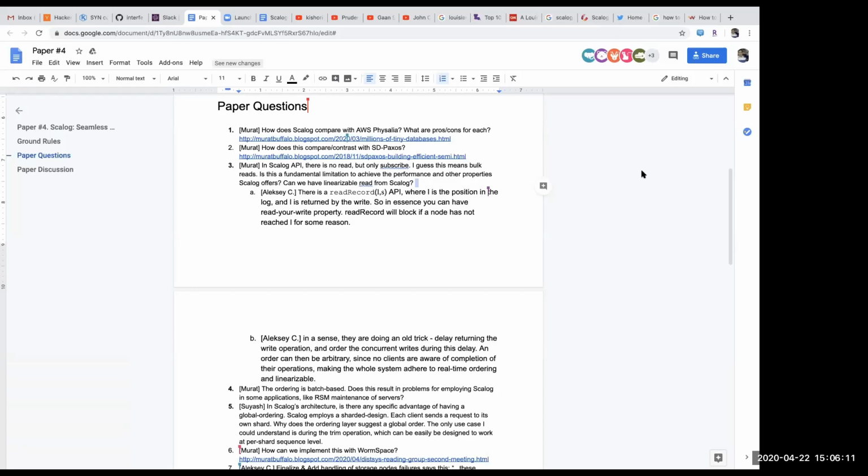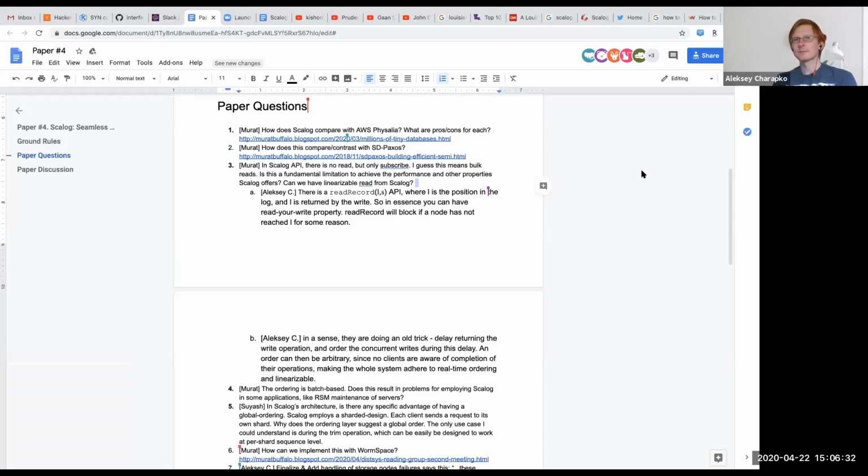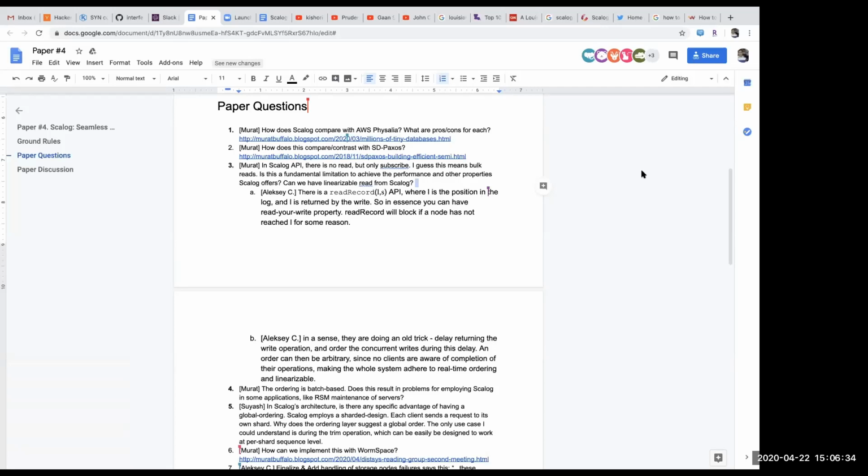Yep. Yeah, I want to add something here. I don't think their ordering service is that important, because the global order which they generate does not affect the whole system, because the global order is just a number. For example, each shard is replicated and maintains its replicas. I'm not saying they suggested it in the paper, but I think it can be easily modified to ensure that ordering is maintained at the shard level.